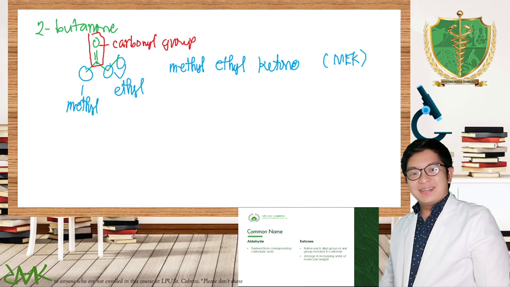Alright, another example is 2-methyl-3-pentanone. So we have 5 carbons, 1, 2, 3, 4, 5.